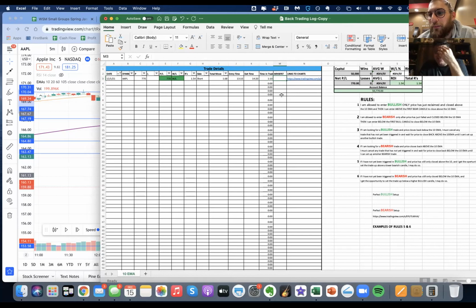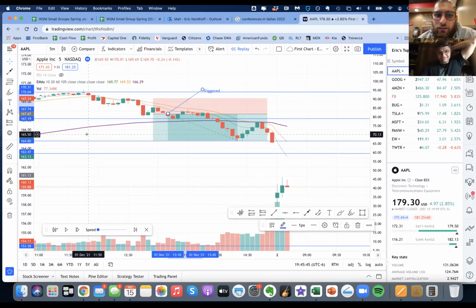So basically, if you go back to your chart, I have this because if I trail my stop and I get stopped out for like half an hour, I want to know if I didn't trail my stop, would it have actually stopped me out or would I have been okay? So that's just something that I tracked. I don't even track it anymore really, but that's what that means. You can delete it if you don't understand. Would it have been a full R if I didn't trail my stop?